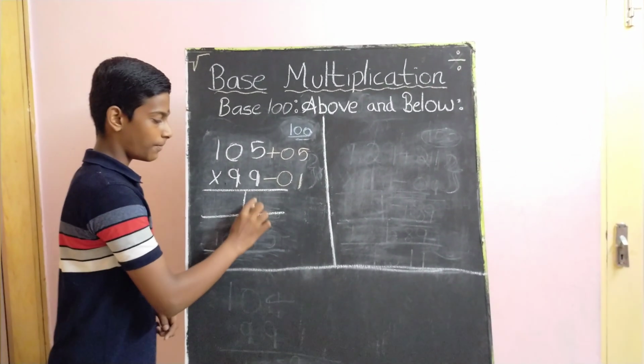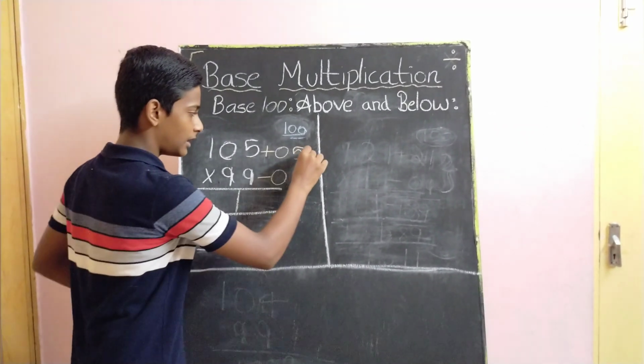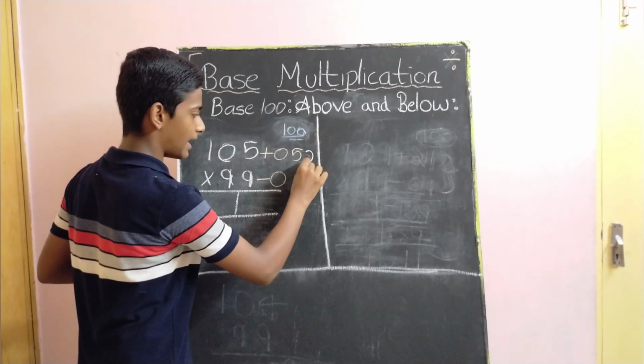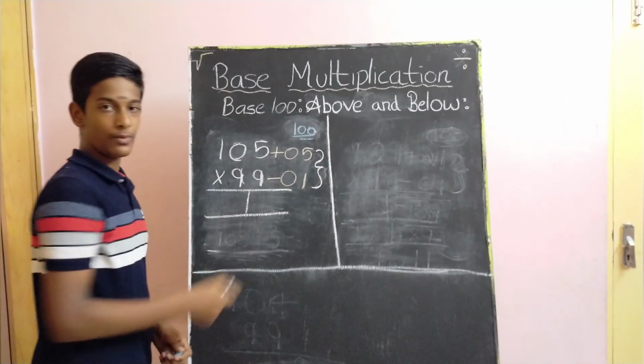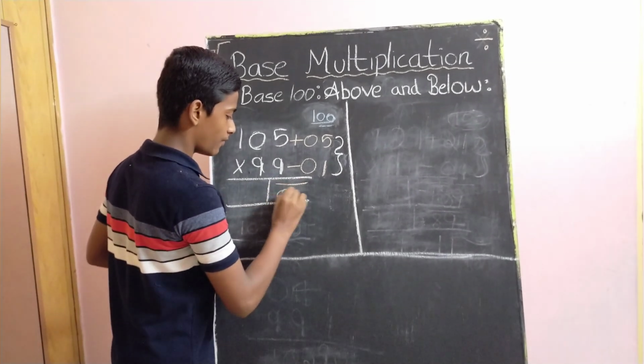And remember one thing, 05 is written as 100 has 2 zeros. So to obtain this part of the answer, we must multiply plus 05 with minus 01, which gives us minus 05.